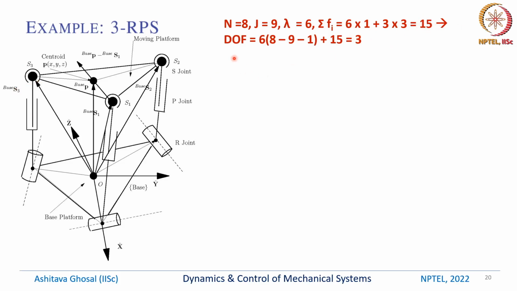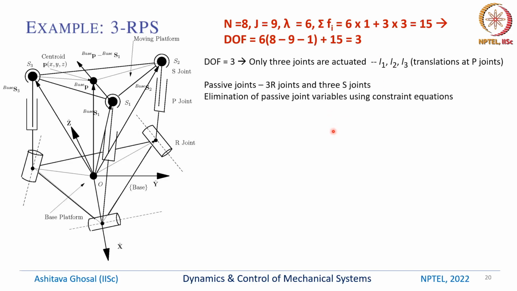So the degree of freedom can be obtained as lambda into n minus j minus 1 plus the summation of all the degrees of freedom at the joints. So if you substitute there, you will get 3 degrees of freedom. So what this means is that there are only 3 joints which can be actuated.